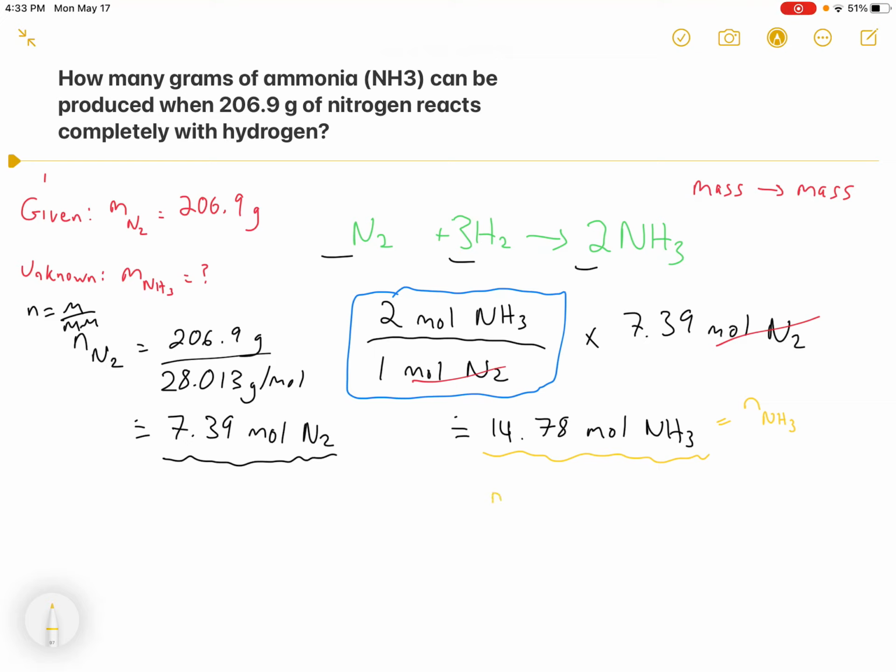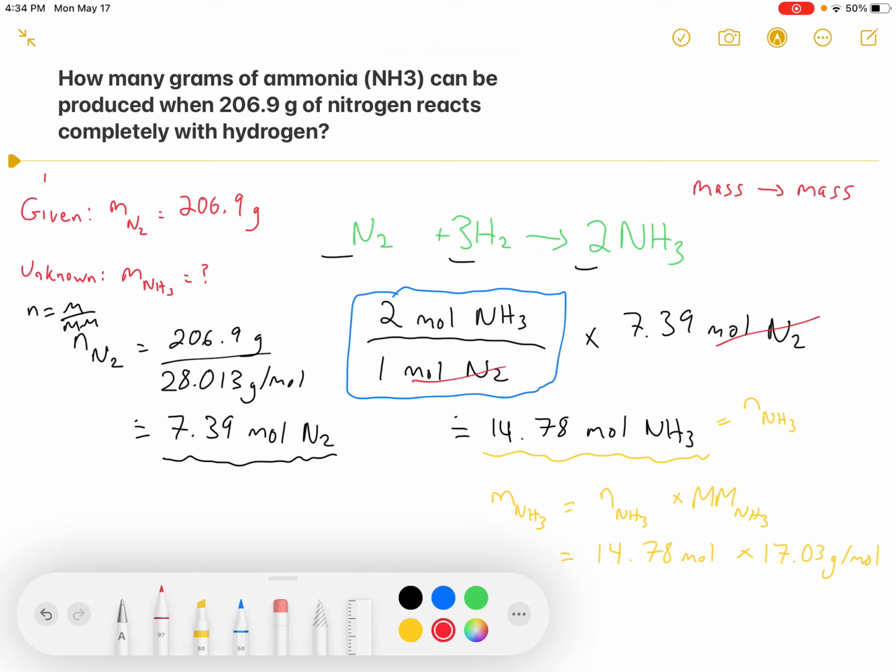We have seen this rearrangement before, so we know that the mass of the ammonia is going to be equal to the moles of the ammonia times the molar mass of ammonia, which for us is going to be 14.78 moles times 17.03 grams per mole, approximately.